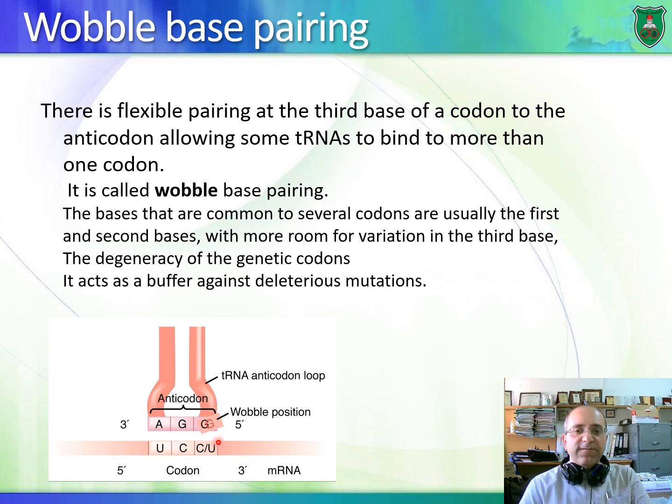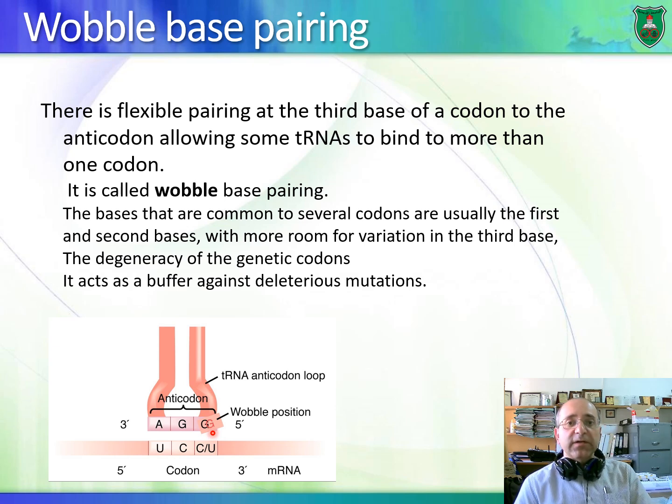So the first nucleotide within the codon has to pair correctly to the anticodon. Same thing with the second nucleotide. But there is some flexibility when it comes to base pairing between the third nucleotide of a codon and the anticodon.